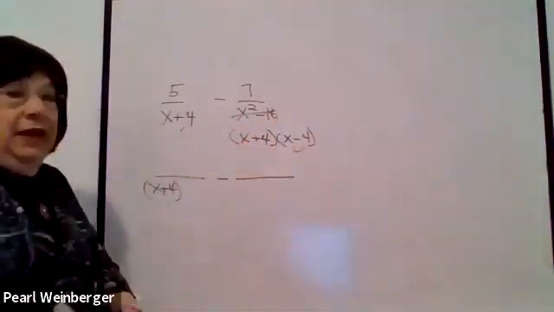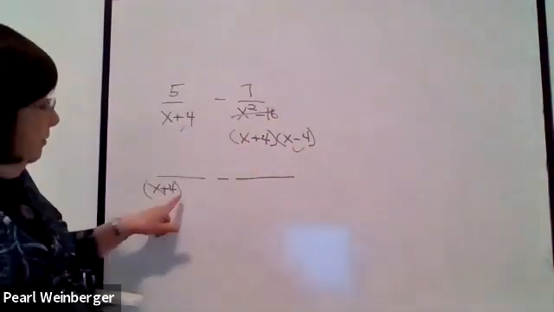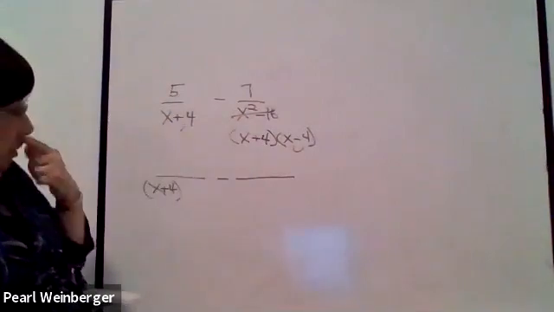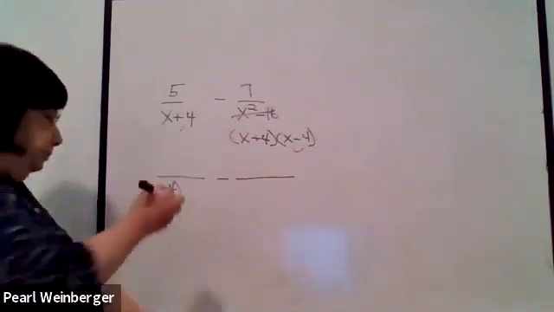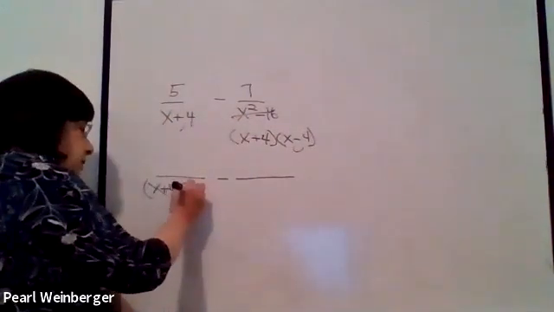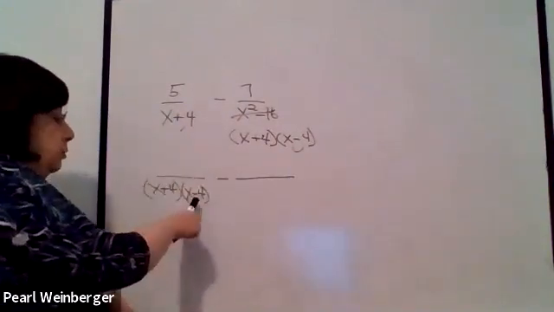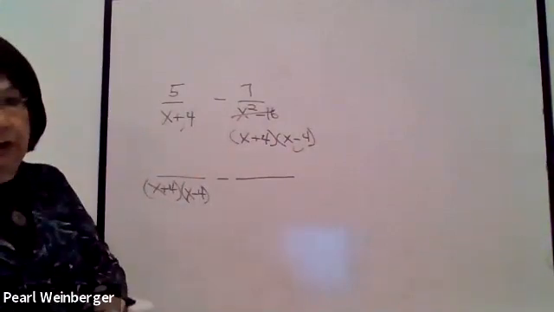But I have to count the x minus 4 because I haven't written down the x minus 4. In other words, the x plus 4 only has to be written once. So my common denominator comes out to be the x plus 4 together with the x minus 4.